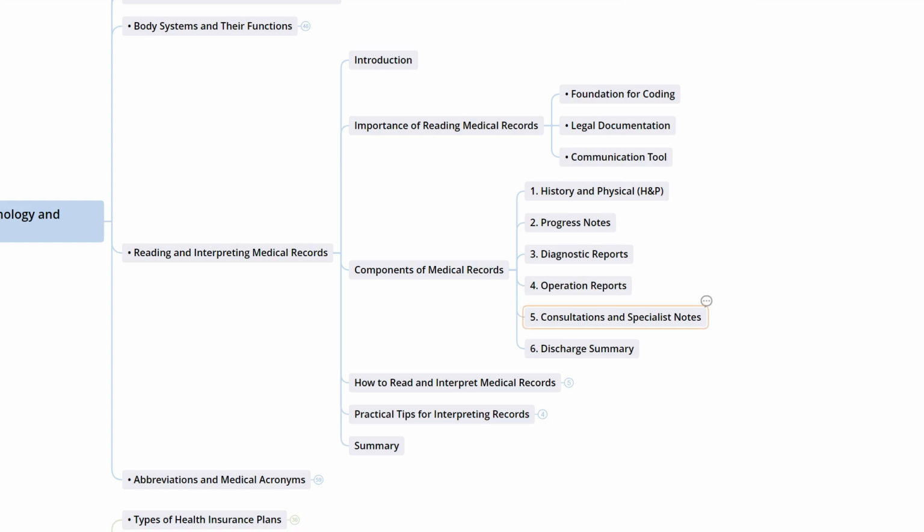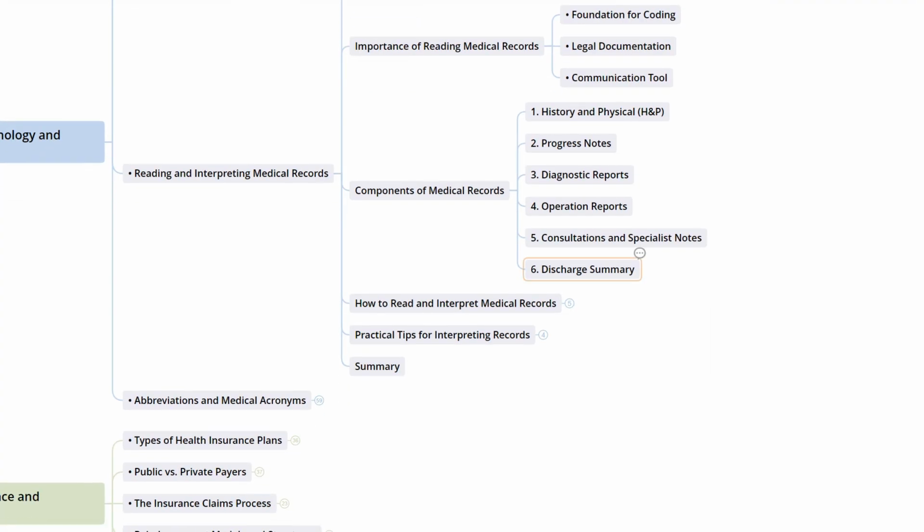Next, consultation and specialist notes. It provides expert opinions and assessments related to the patient's condition. Next, discharge summary. It summarizes treatment course, diagnosis, procedures, and follow up instructions.